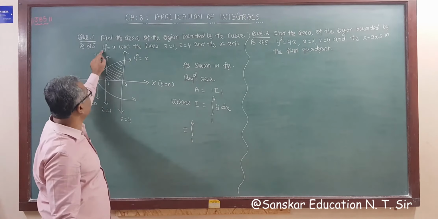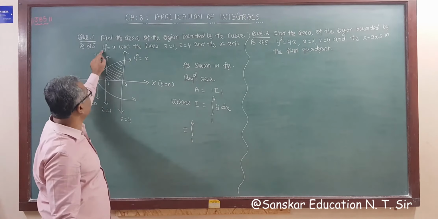Now you know the integration of this is 2 by 3, x raised to 3 by 2, and the limit is from 1 to 4. So 2 by 3 is constant, and for 4, that is 2 square, I am writing directly 2 square raised to 3 by 2, and minus 1 raised to any power is 1. So minus 1.